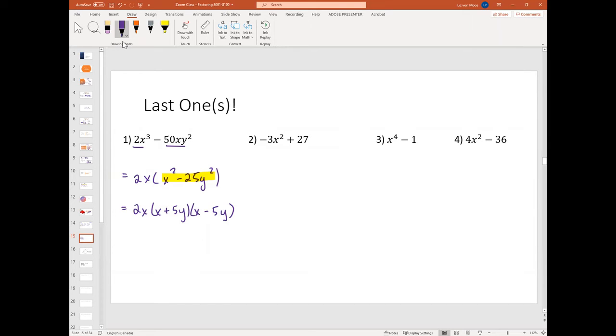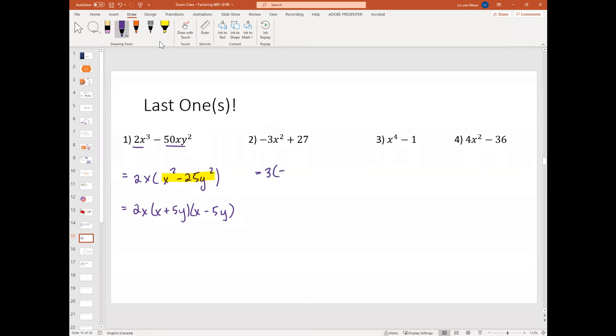Is the second one also factorable? Different approaches here that would work. I can think of two. Maybe you've gone ahead and taken out 3. 3 and 27, both divisible by 3.